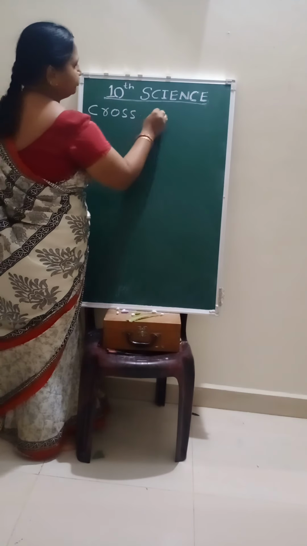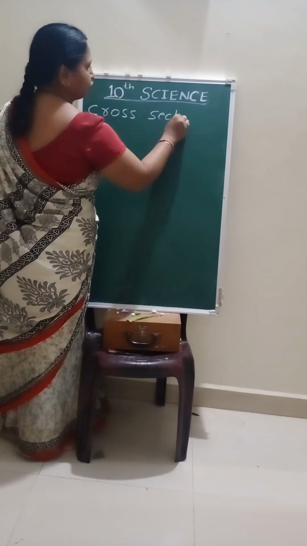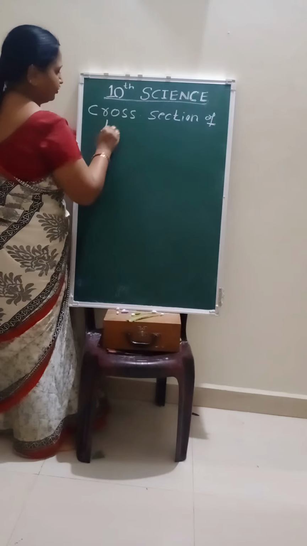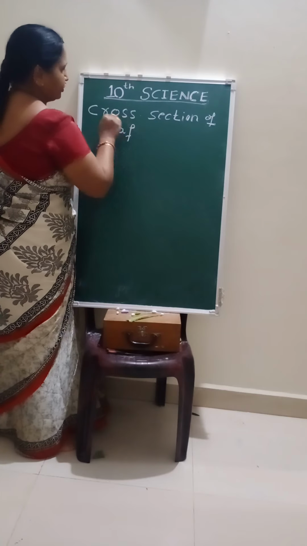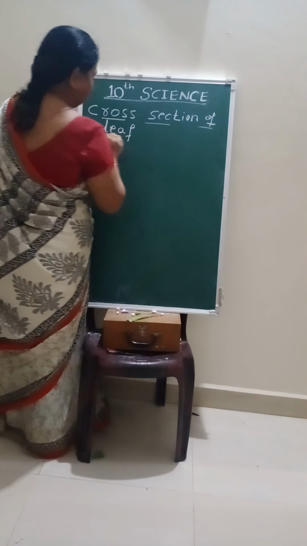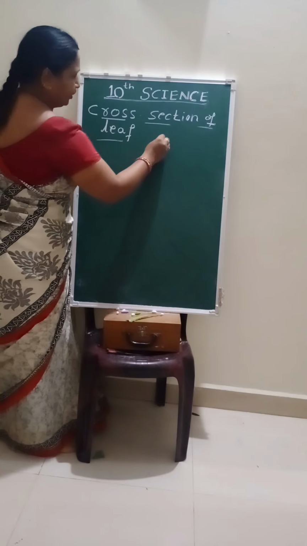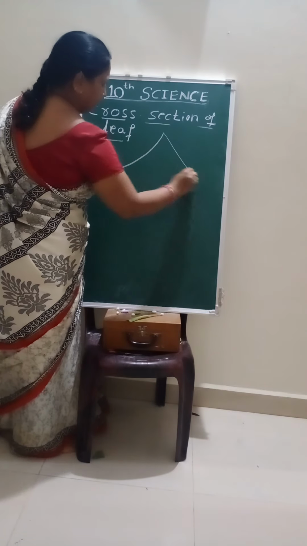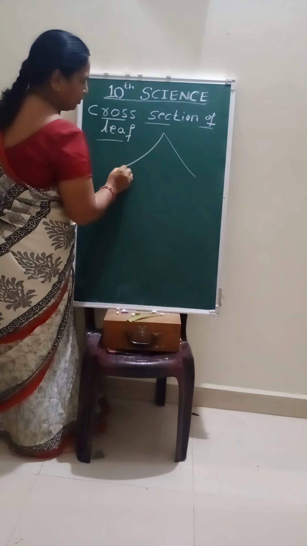Cross section of leaf. So this is one of the very important diagram. So the first we are drawing a leaf here. The simple leaf structure you can draw here.